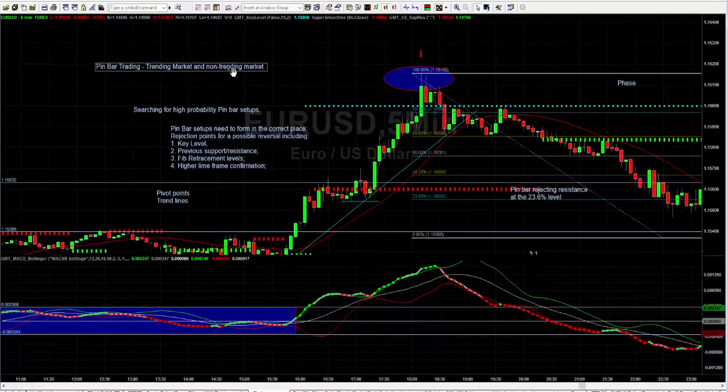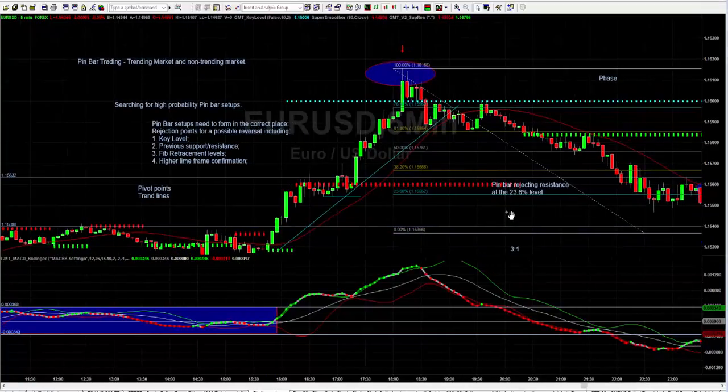We've got a non-trending market, and then we've got our continuation, which is our trending market. So we have about 3 or 4 different setups for the pin bar reversal. So it's about making sure that whatever setup we're trying to hit, we've got as much of this confluence as we can when we're looking at our setup entries.